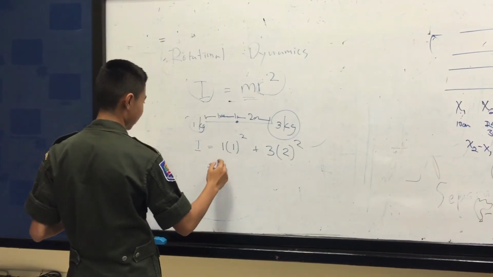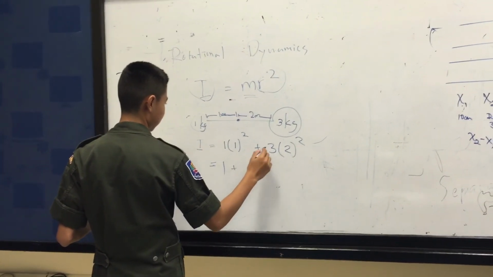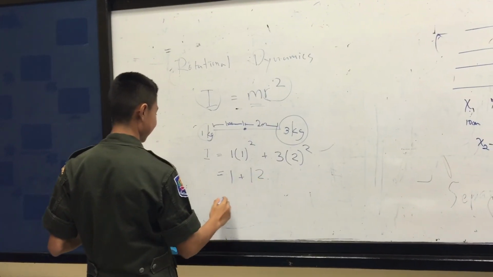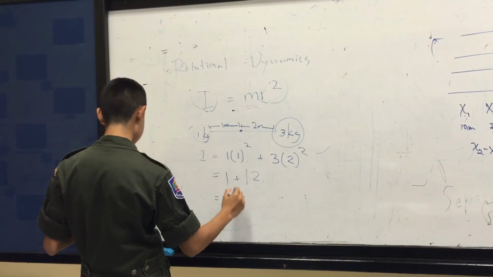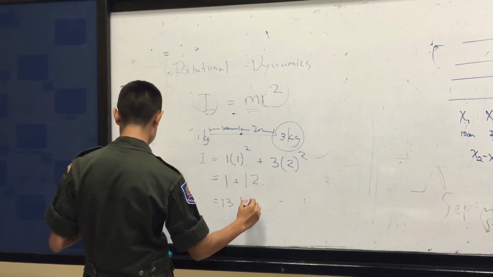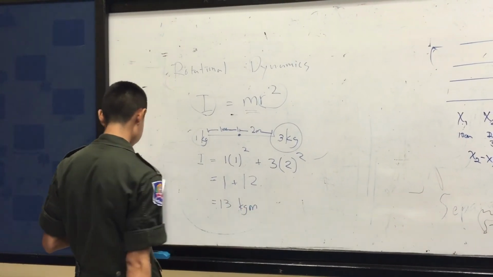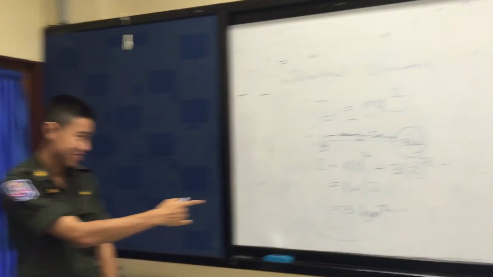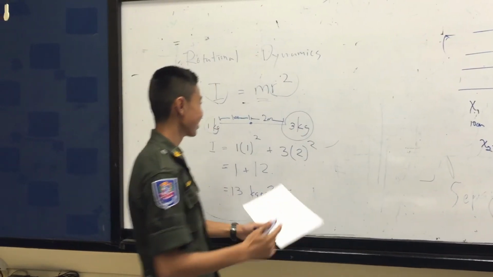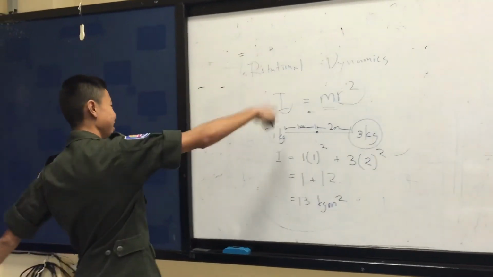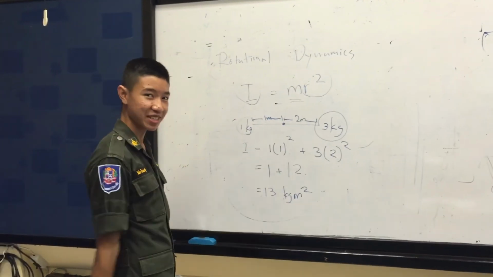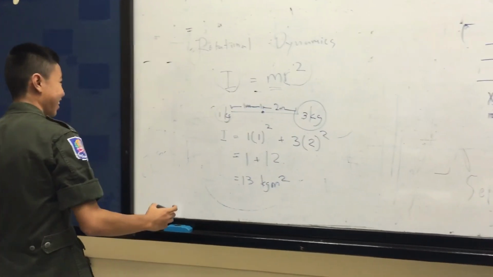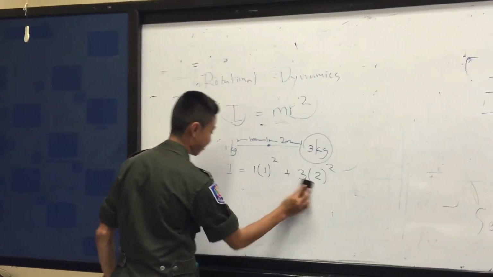So in total we get the answer in kilogram meter squared. Done. So this is the moment of inertia. Easy. Physics easy. Finish.